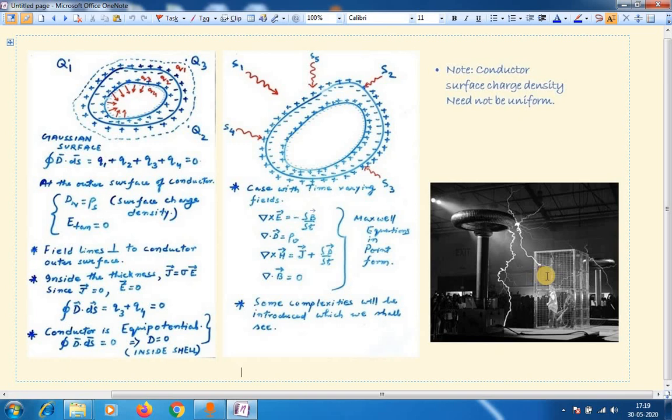So between any 2 points, the potential difference won't be that much. So it is almost equipotential. Try to understand this.